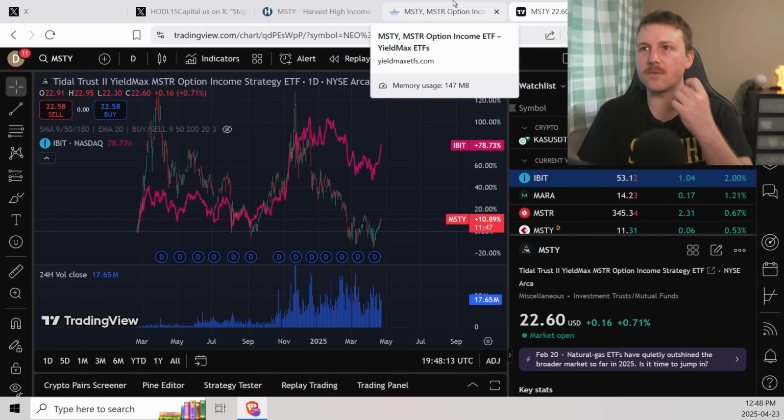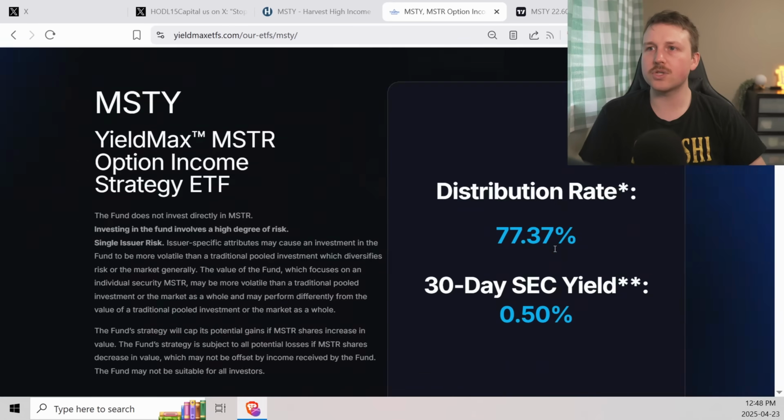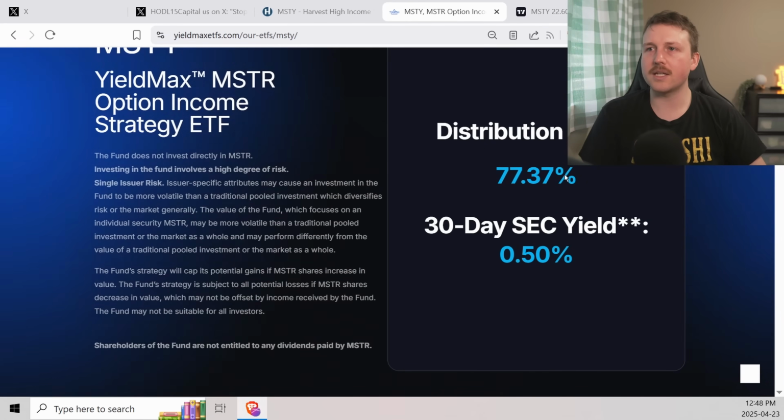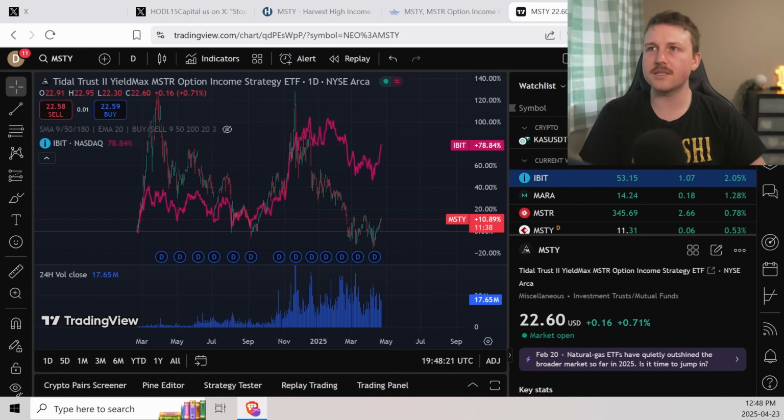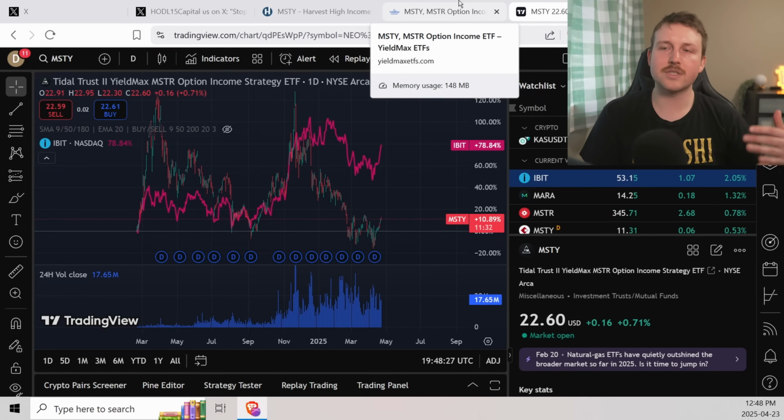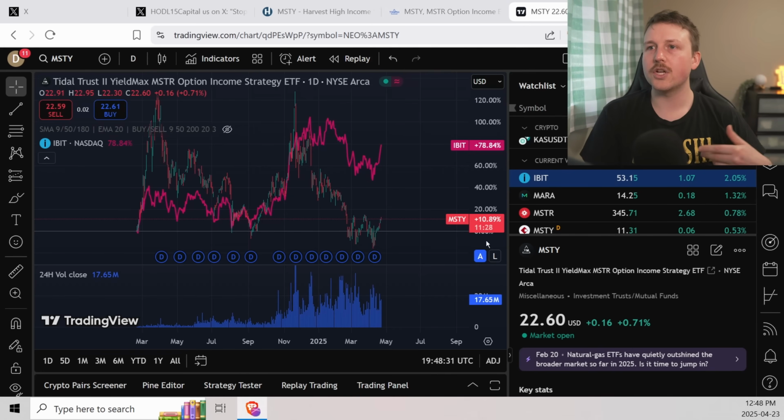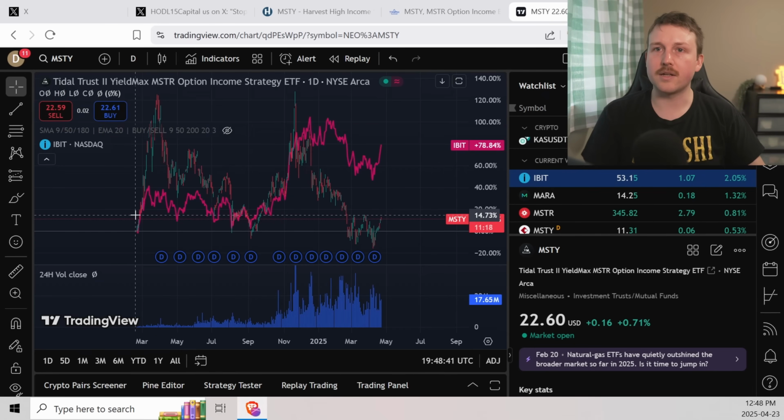And we can look at the distribution rate monthly here, which will be fairly accurate. So 77%. If we add 77 to the 10, we're actually at 87, and that's without dividends reinvested. That is actually taking that out as income. You're at about 88% up on MSTY, whereas you would be up 78% on just Bitcoin in an ETF.